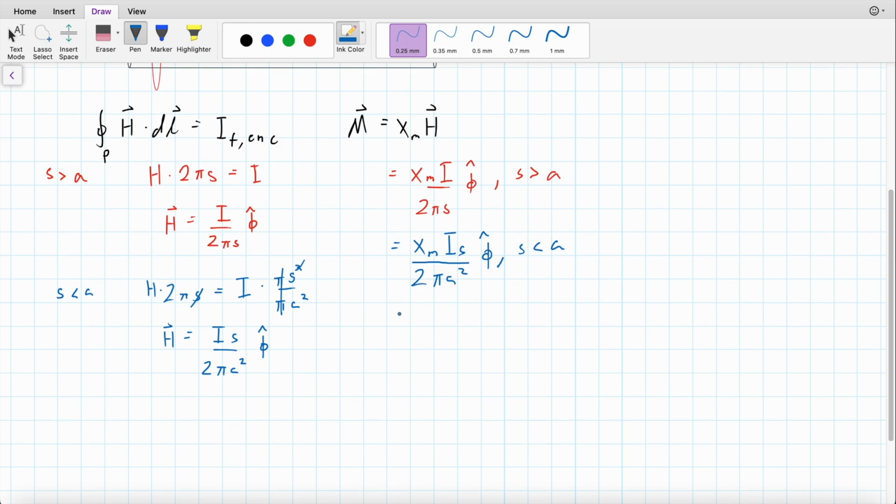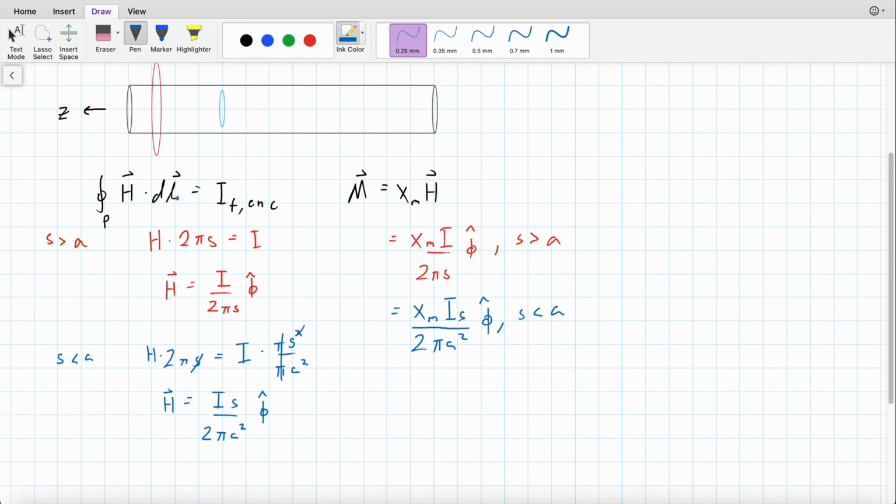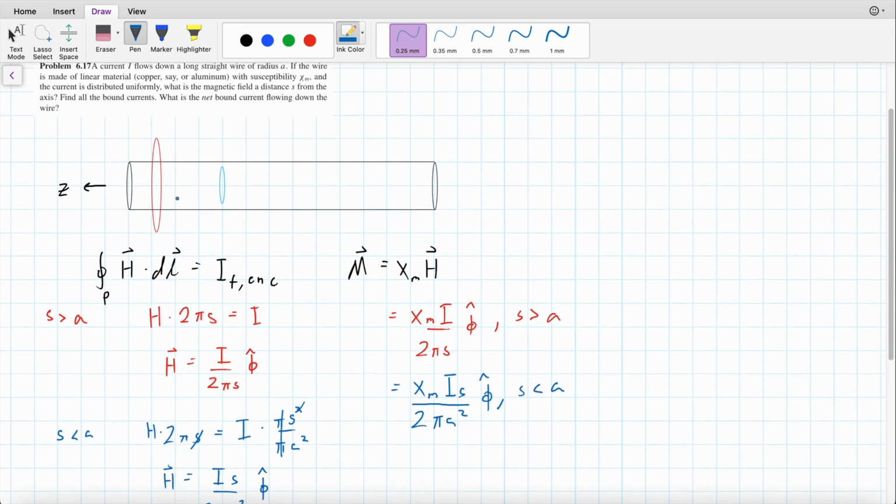Okay, now that we have magnetization and we also have the auxiliary field, let's go ahead and find the magnetic field.